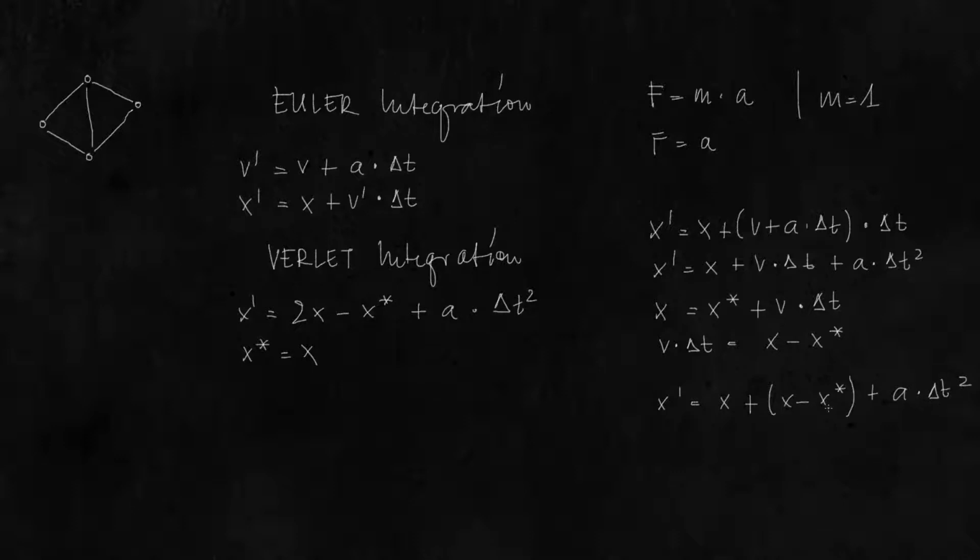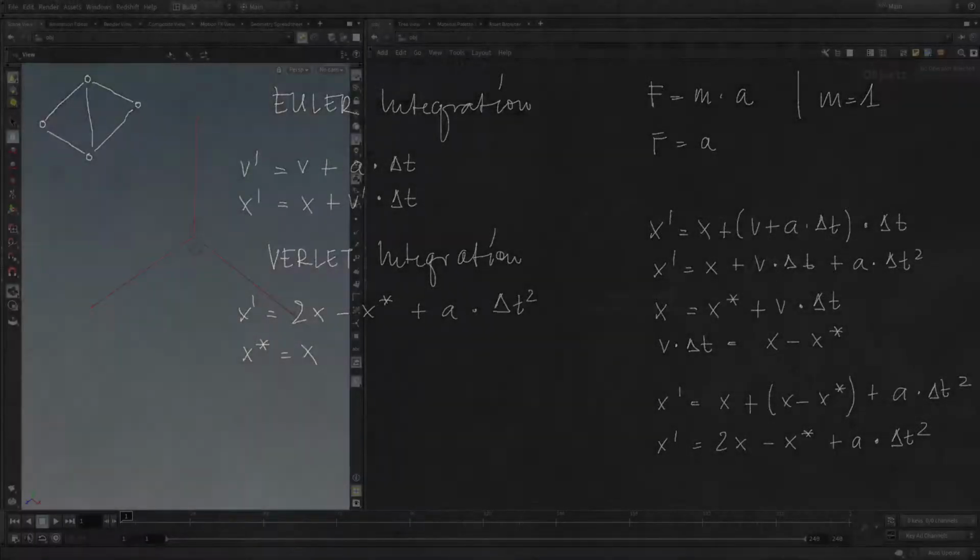And now, if we get rid of the parentheses again, x prime is 2x minus x star plus a times delta t squared. And that is our formula for the Verlet integration. Great, so let's go into Houdini and implement this Verlet integration step to solve some particles.